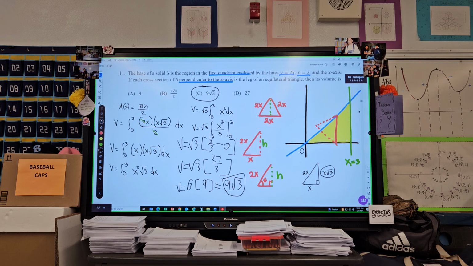Perpendicular to the y. Equilateral. Yeah, I think it's gonna be something like that.